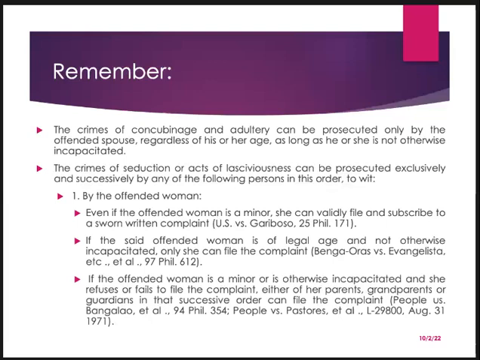So if the said offended woman is of legal age and not otherwise incapacitated, only she can file the complaint, okay? If the offended woman is a minor or is otherwise incapacitated and she refuses or fails to file the complaint, either of her parents, grandparents, or guardians in that successive order can file the complaint.